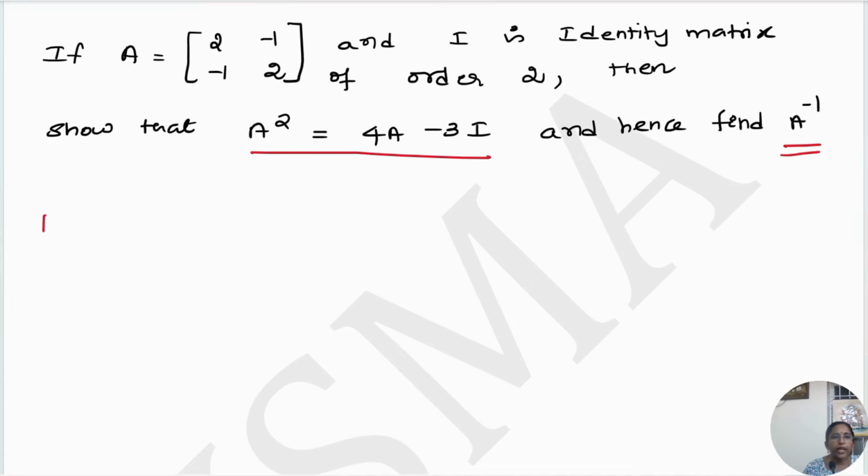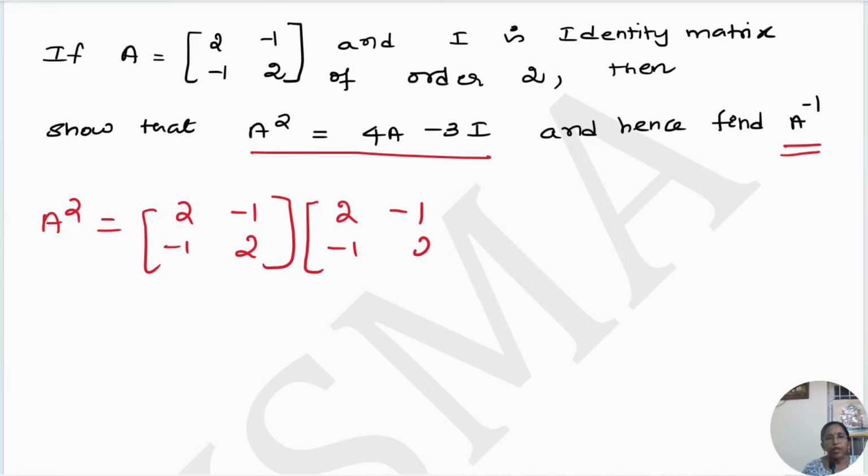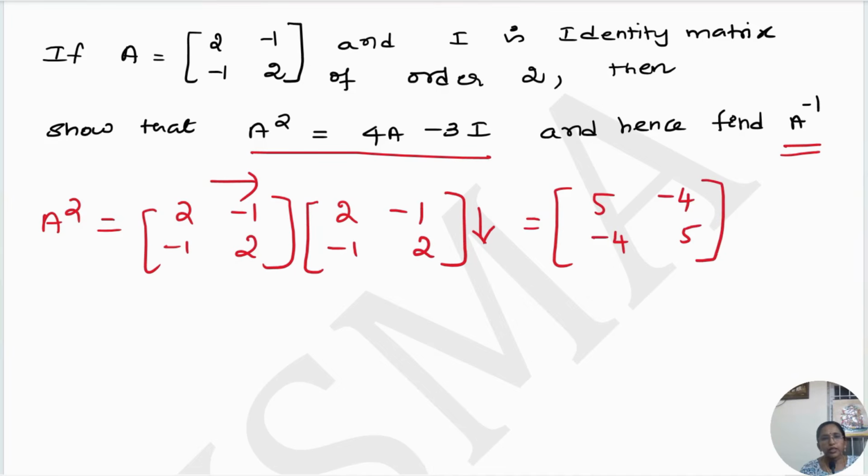So you can find your A square. So A square is 2, minus 1, minus 1, 2, multiplication with the same data. Do your matrix multiplication. So your answer will be this answer. So this is our left hand side part, A square. And coming to the right hand side part, 4A minus 3I, which is equal to 4A.